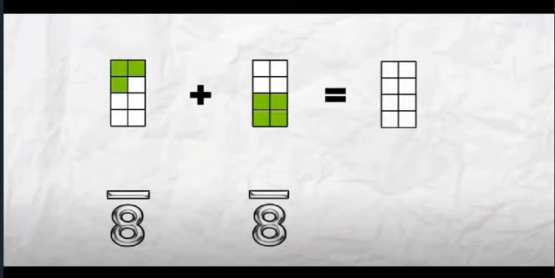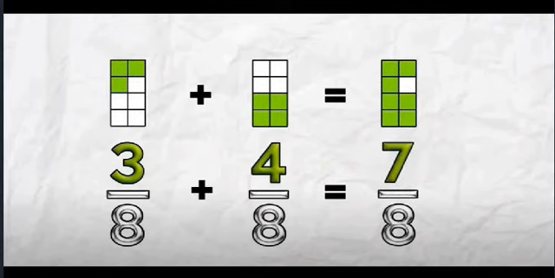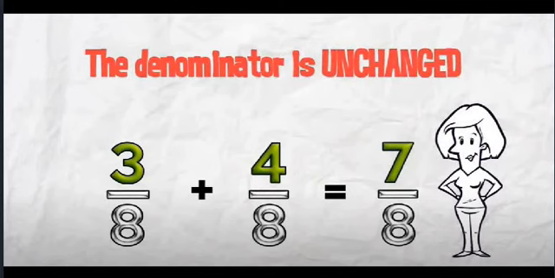We will add the shaded parts to know how many parts we have got, and that's going to be our numerator. 3 plus 4 is 7 parts out of 8. If I remove the model and we just focus on the fraction, we can see the denominator is unchanged.